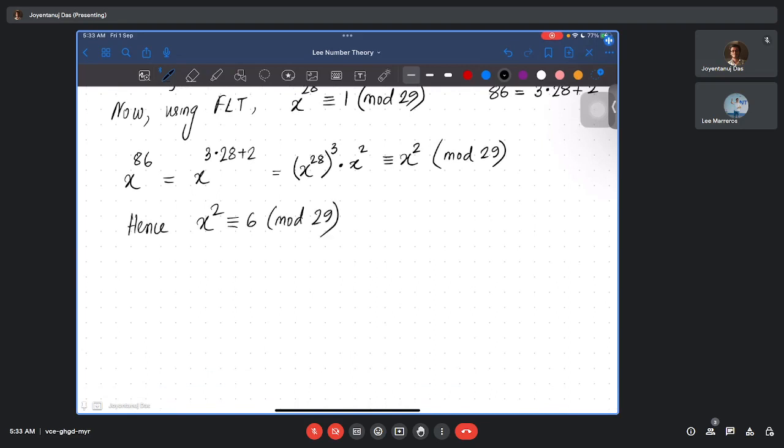Now it is easy. Since it is mod 29, we only have to check from 0 to 28, so we can manually check and find the values of x.